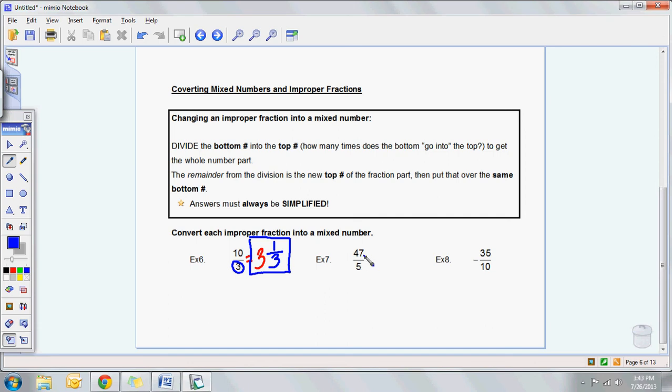If I do 5 times 10, I go over. So that's another way to do it. It goes in 9 times. So 9 times 5 is 45, which means I have 2 left over before getting to 47, and my denominator is going to stay the same. So that's how you change from an improper fraction to a mixed number.